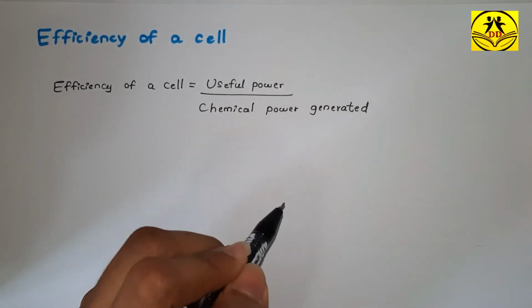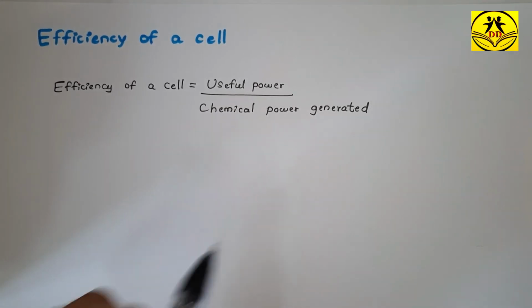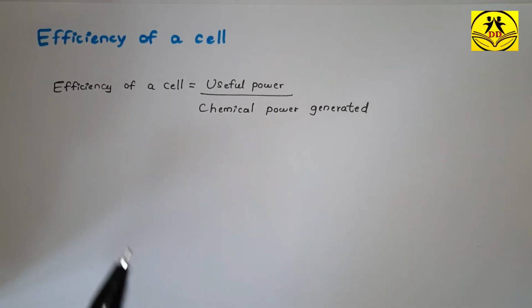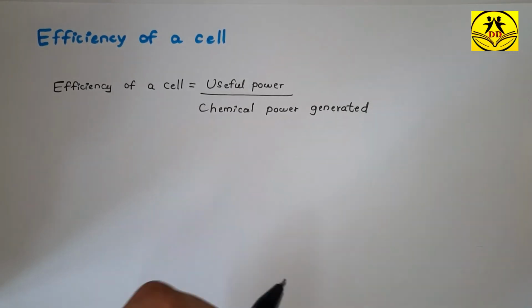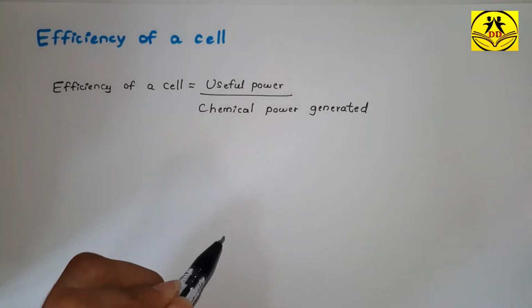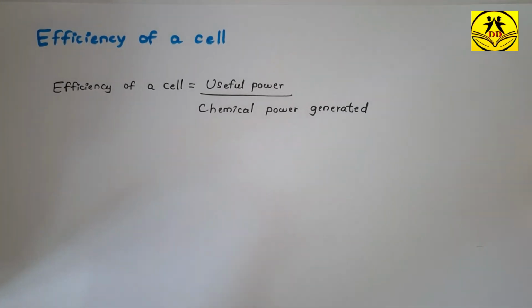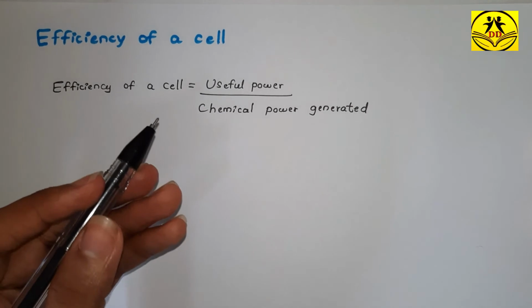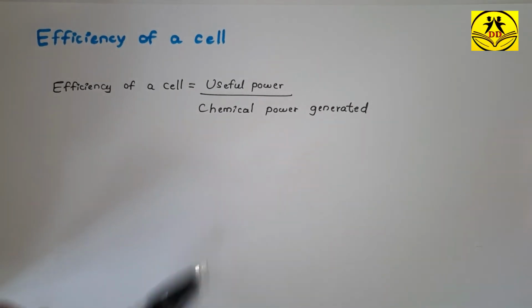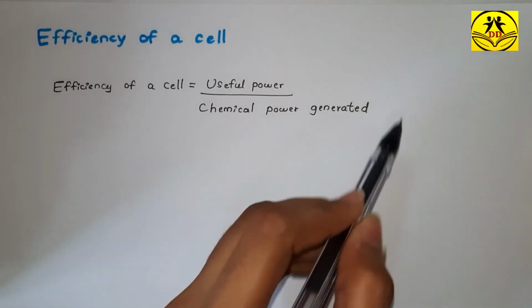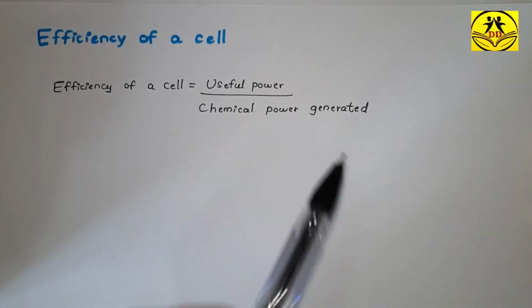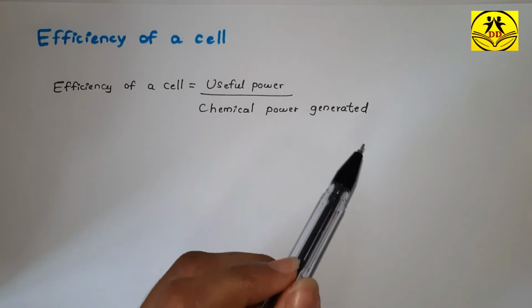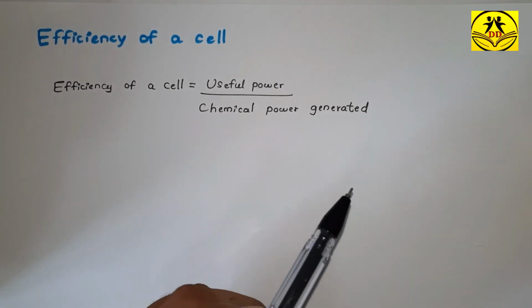So you know the cell has its internal resistance. So part of the power generated by the cell is used within itself to overcome the internal resistance of the cell. So the power which it gives out will not be the chemical power generated by it. It will be the chemical power generated by the cell minus the power across the internal resistance of the cell.